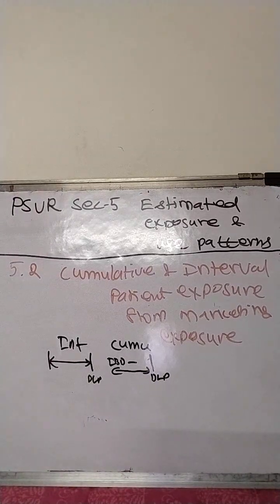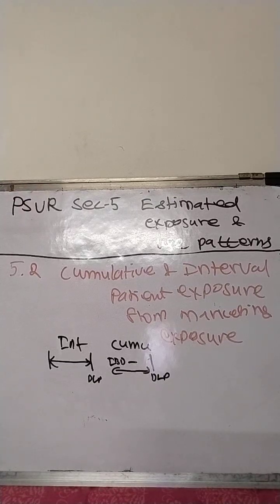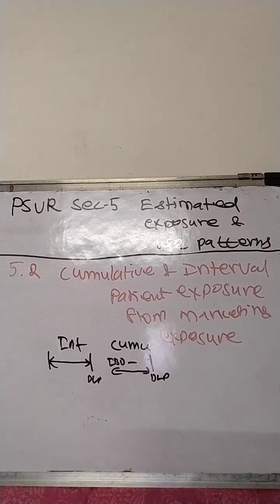From the data lock point you are going to present this cumulative patient exposure. First you are going to derive the sales data: what sales data, and in which unit you are getting it. That is very important. Each medicinal product might have different types of exposure to be calculated.